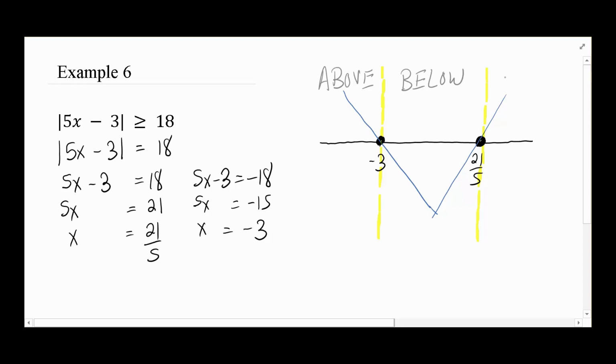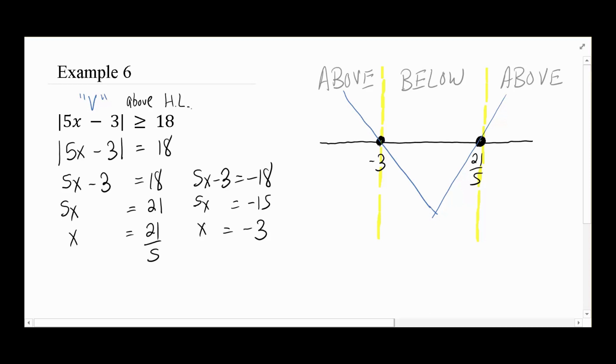And on the right-hand side, the V is above the line. So if I go back to the original problem, I wanted to know when is the absolute value, or the V, greater than. Greater than is above, less than is below. And 18 is just my horizontal line. So that's my number line in this case.